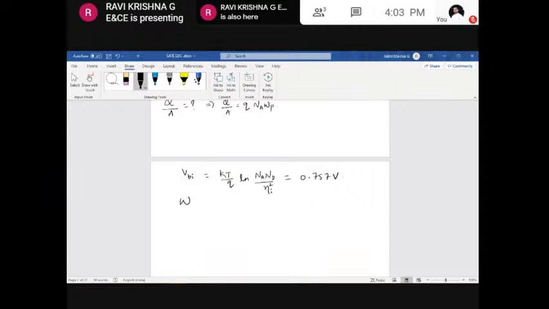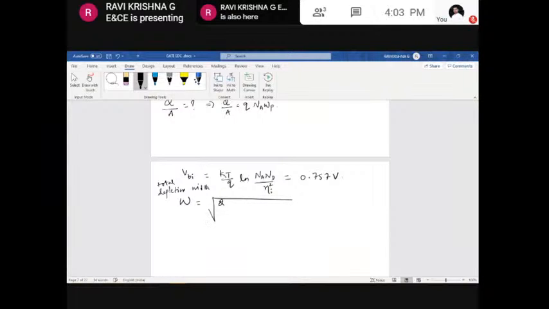Now we need to calculate the total depletion width. Here it is quite quantitative, which means we need to remember some of the equations, where the depletion width is obtained as follows. There is no shortcut for this.